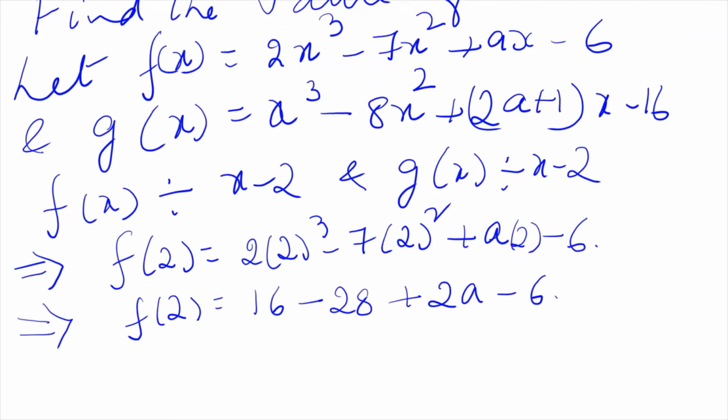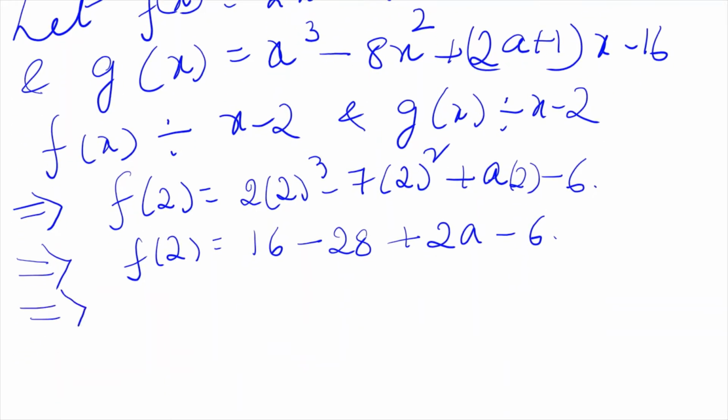So f of 2 is equal to 16 minus 6, which is 10. 10 minus 28 is minus 18 plus 2a. Minus 18 plus 2a.